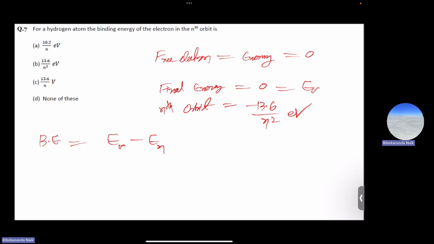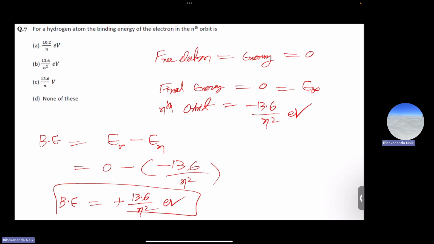For r equal to infinity, at a very large distance, the total energy of the electron will be zero. So it will be E infinity minus En, which is 0 minus minus 13.6 divided by n square, so it is plus 13.6 divided by n square electron volt. This is the binding energy. So the binding energy of the electron in the hydrogen atom is given by option B, 13.6 by n square electron volt.